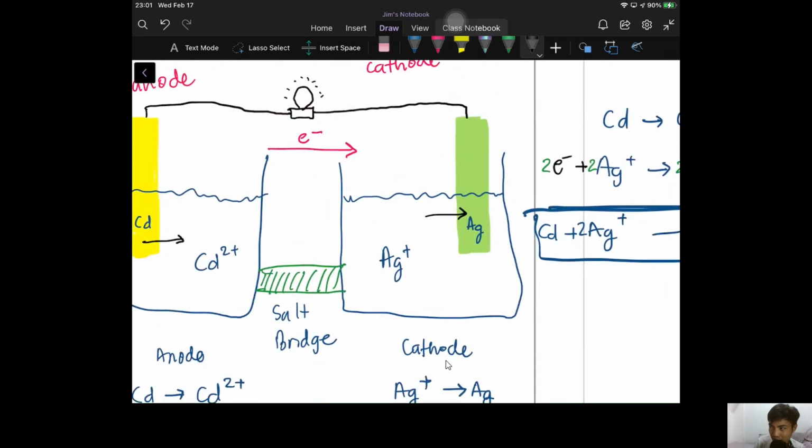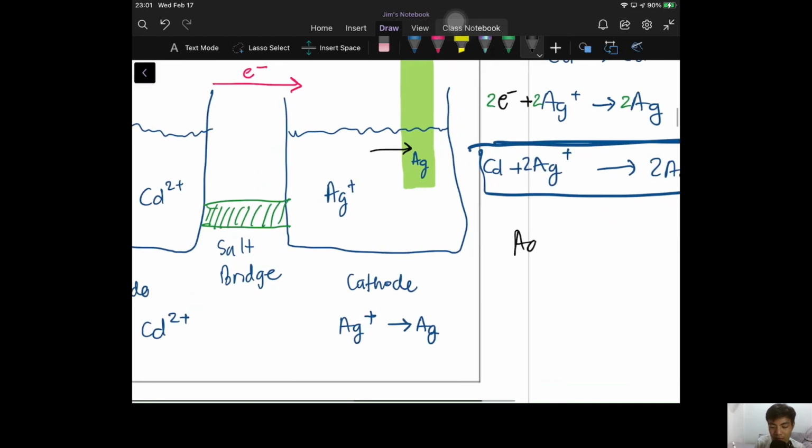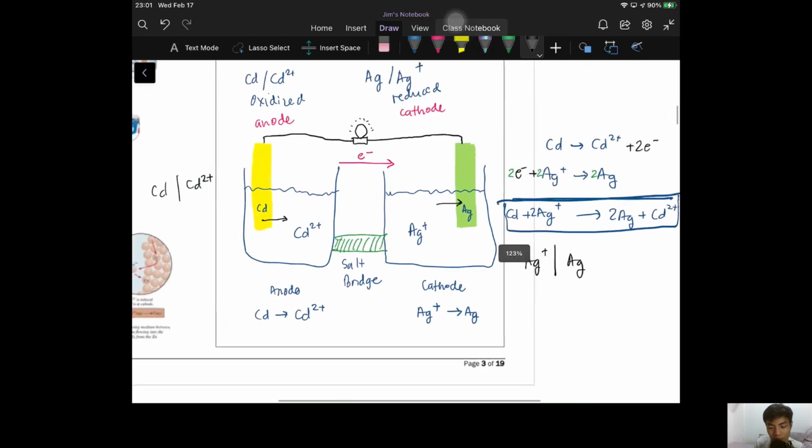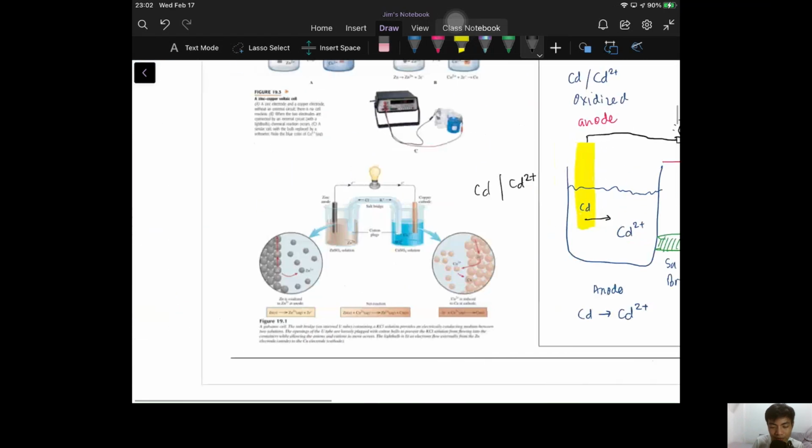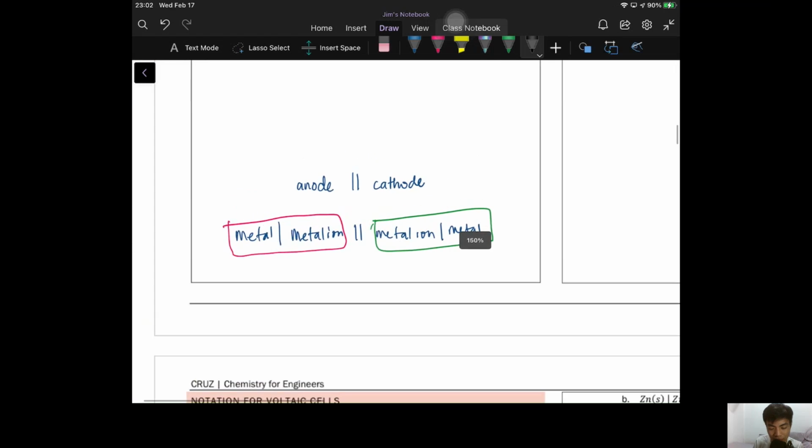So, instead na mag-drawing ka ng illustration na yan, you can represent this entire diagram with vertical lines na lang. Para hindi sayang yung ink. Okay? So, tawag namin dito ay cell notation.